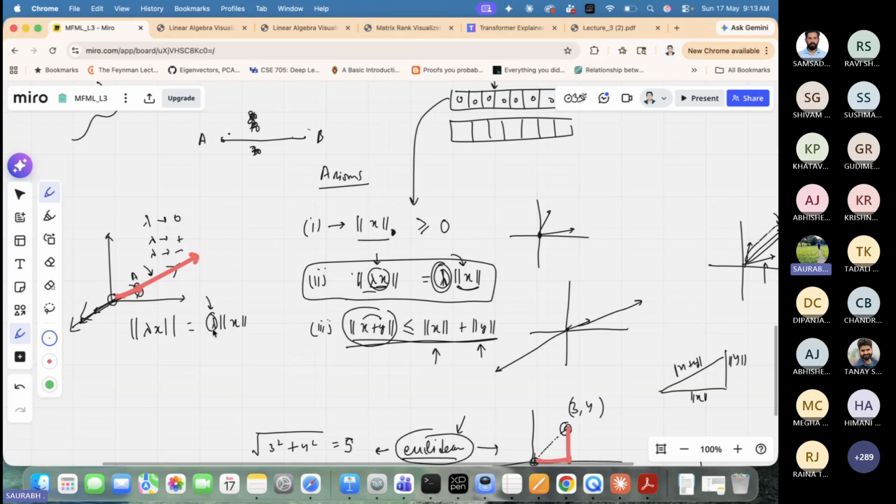So when you scale a vector, the length is equal to the length of the original vector multiplied by the amount you have scaled it by. That is how it is equivalent. Good. Okay, sir. Thank you.